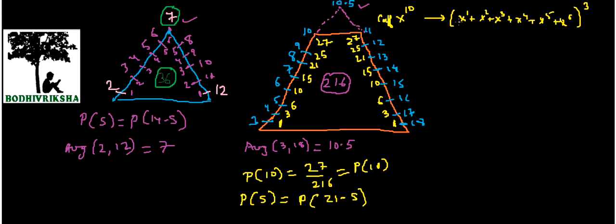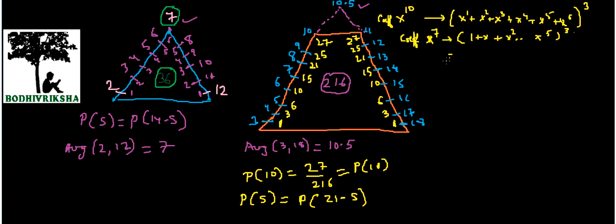Now, x is common and can be taken out. If you take x out, it will come out as x cubed, because 3 is the power here. And if I take out x cubed, it means we are looking for the coefficient of x to the power 7 now instead of x to the power 10, because 10 minus 3 is 7, in the expansion of 1 plus x squared, and so on till x to the power 5, whole cube.